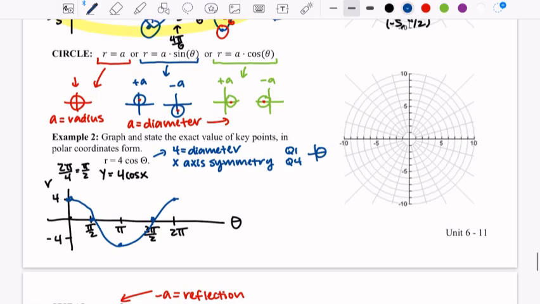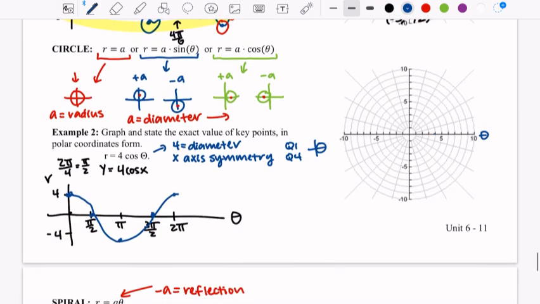So when we start at theta 0, this is here, but I'm going to go out 4. So my first original point is here. That's 4, 0. Okay, my next coordinate point here is going to be pi over 2 for my theta, which is here, but now my radius is 0. So that's going to be this point here.